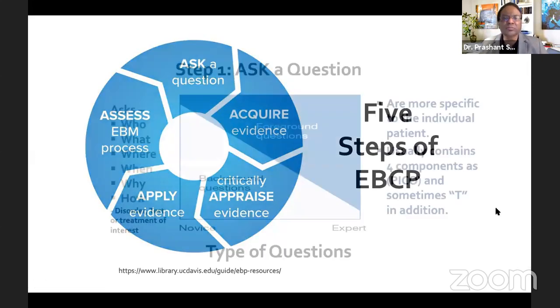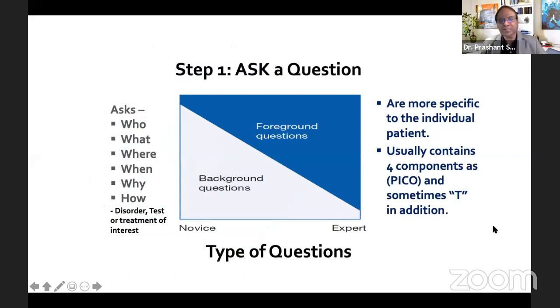So let's talk about the first step: ask a question. Asking a focused clinical question is a fundamental skill in evidence-based medicine. It helps us structure our search so that we can find the best clinical evidence. There are 2 types of questions. Type 1 are called background questions, and type 2 are called foreground questions.